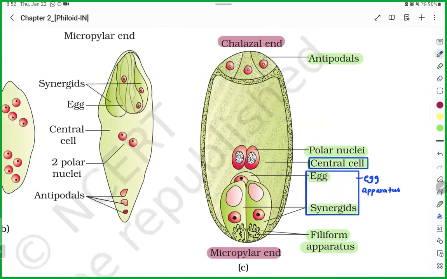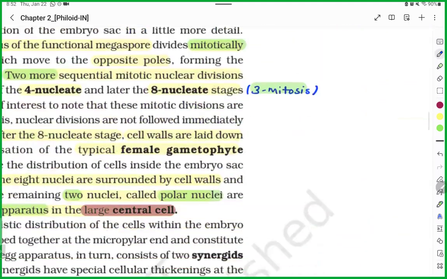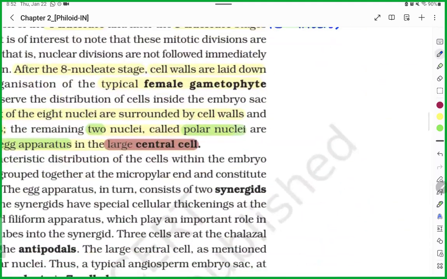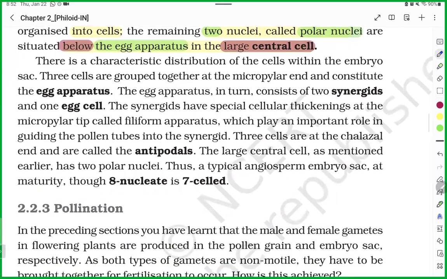Were you aware that it is below the egg apparatus, but according to the diagram it is above? Yes, sir. They gave it in one of the tests. Okay, that is the advantage of writing tests. Yeah, I get confused sometimes. It's fine.